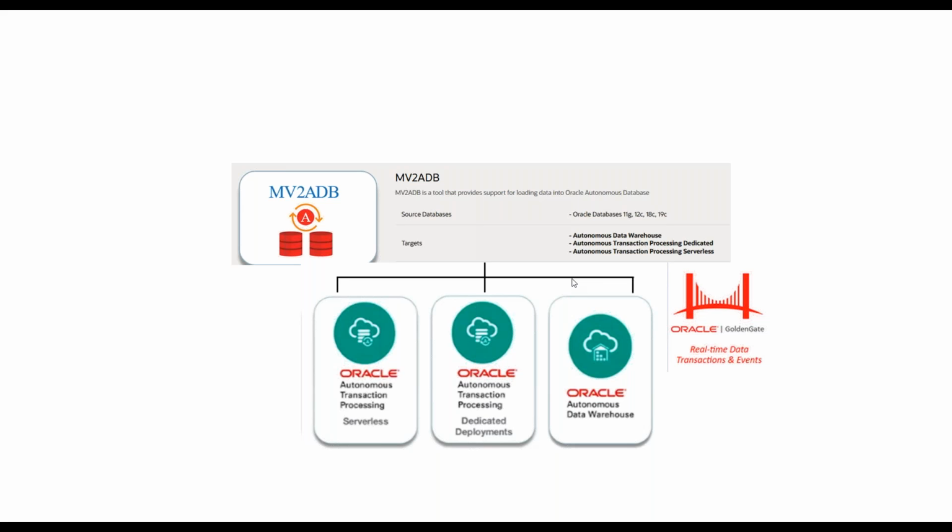And in this session, we're going to look at how we use a combination of Oracle GoldenGate that is located in the Oracle Cloud Marketplace, so it's in the cloud, and another tool called MV2ADB, which is move to ADB, that enables us to perform a very efficient, quick, near zero downtime migration to the Oracle OCI ATP or ADW framework with very minimal downtime.